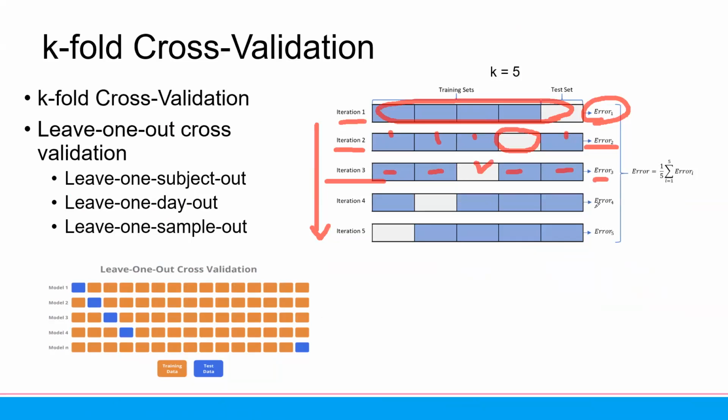For every iteration, we will check the error, or we can check the accuracy. We can say this is accuracy 1, and then accuracy 2, accuracy 3, accuracy 4, and accuracy 5. Okay.